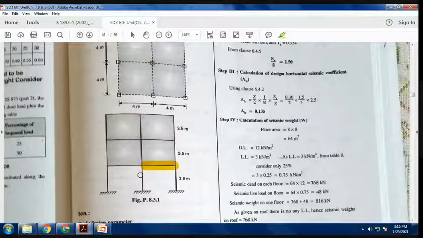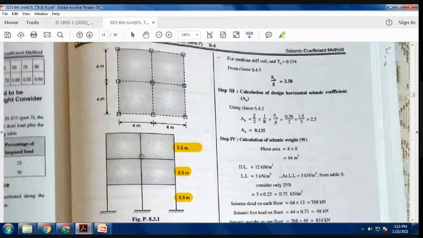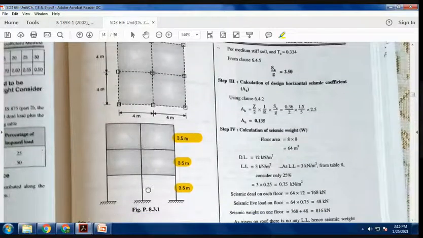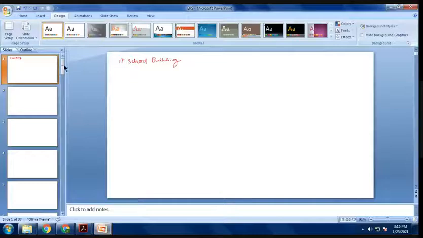Don't get confused. He has given the height of each floor, and it may vary. Sometimes the basement height will be 4 meter and the rest 3 meter, depending upon the requirement. So this is the plan and elevation that he has given.